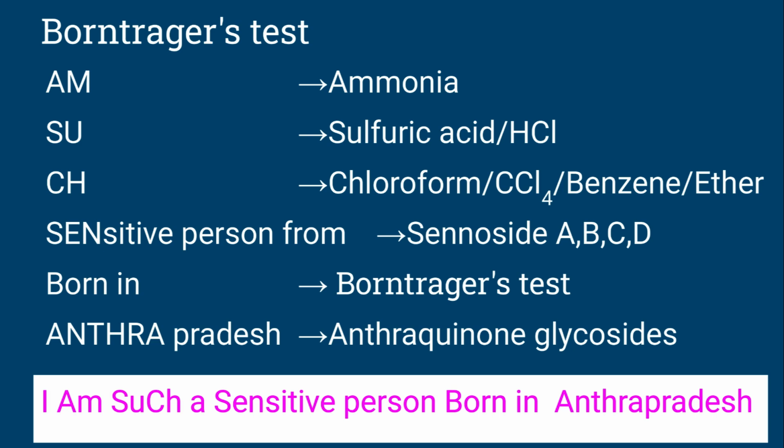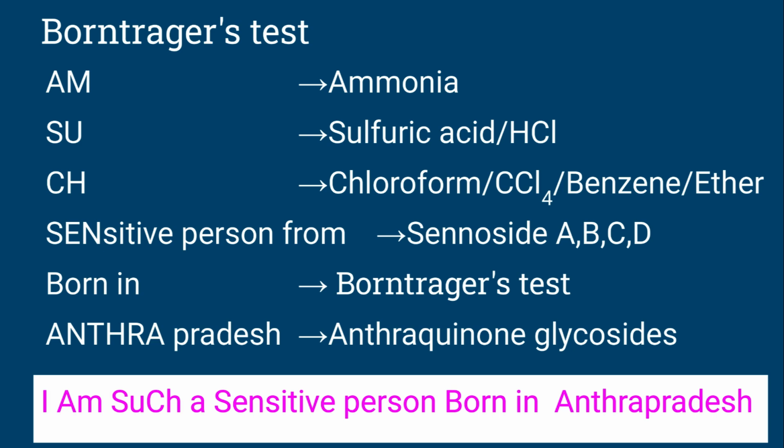I am such a sensitive person born in Andhra Pradesh. Born for Borntrager's test, Andhra Pradesh is for anthraquinone glycoside. Now, what is the purpose of the word sensitive? An example for anthraquinone glycoside is senoside. Senoside A, B, C and D are obtained from senna.